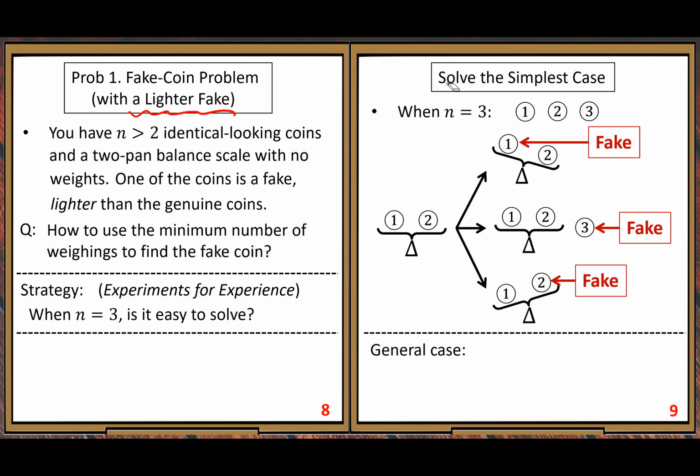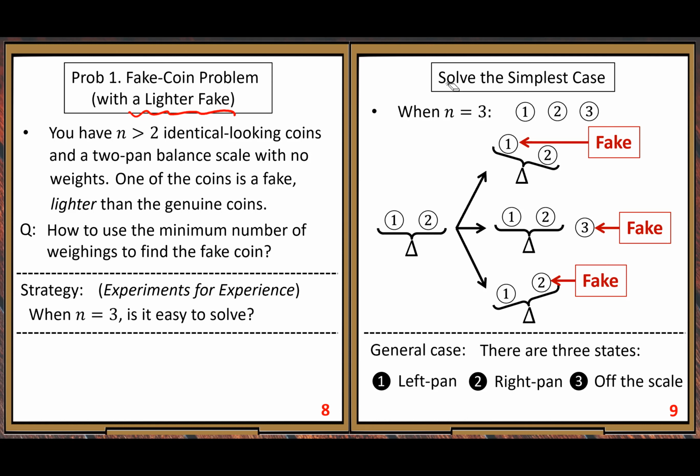Now we move to the general case. Although last time I gave you n equals 4, here let's jump to the general case faster because I want to save some time. For the general case, there are 3 states. I just talked about 3 different status, 3 different states: left pan state, right pan state, off the scale state. 3 different states we need to consider.